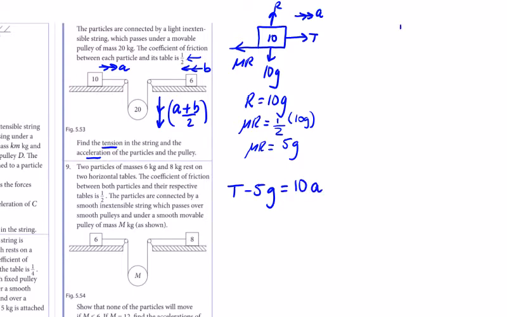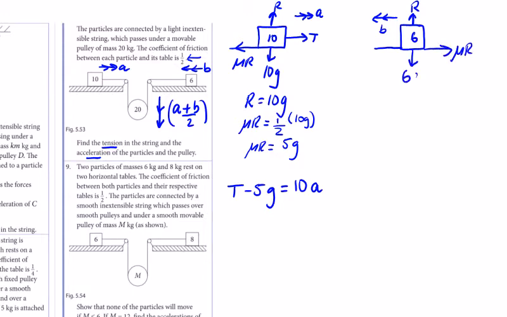If I take my 6 going in this direction with an acceleration of b, I'm just going to put my R in first, put my b in here. We have coefficient of friction between each particle and the table of a half, so I have mu R going this way too.